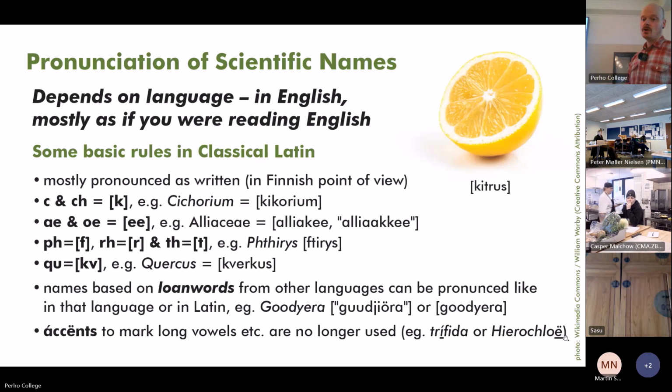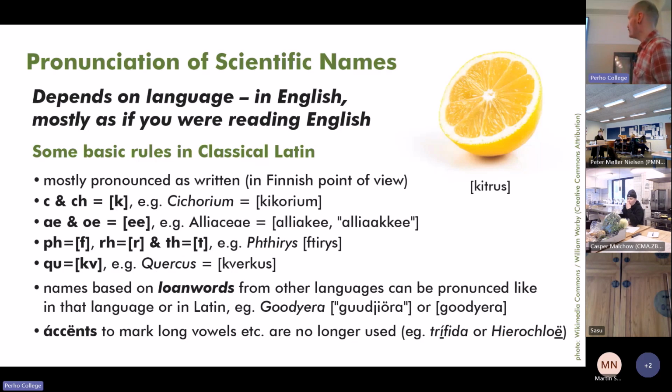Or here, hierokloe, with these two dots would mean that it's not pronounced like E, as in here, but oe, and so on. But nowadays, they are no longer in use, so you don't really know what the long vowels or the accents are in classical Latin.